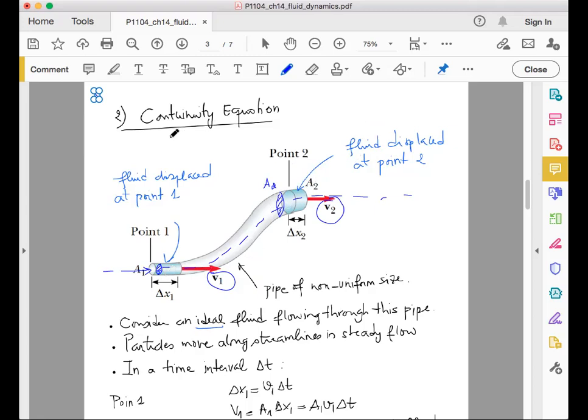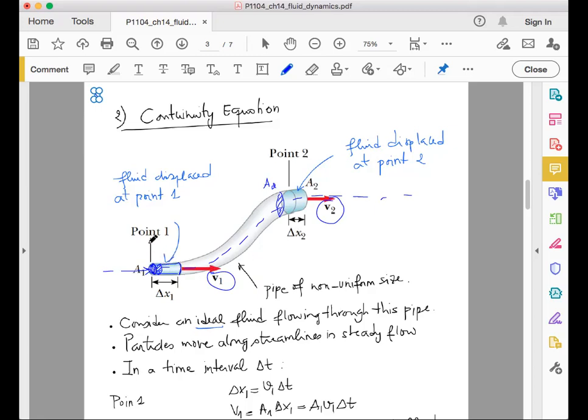Consider that we are going to do an exercise, and in this exercise we're going to study this sample. Looking at this sample, if we take one sample of the fluid that is moving, we will consider it, okay? And we will see how this part of the fluid is moving.